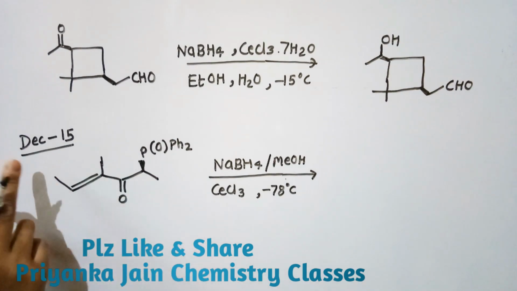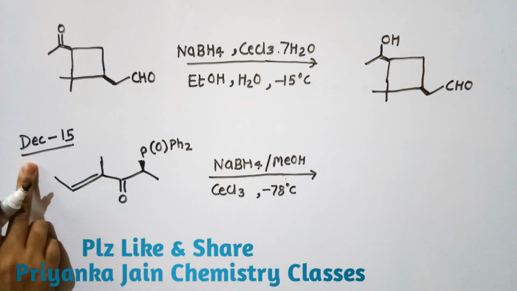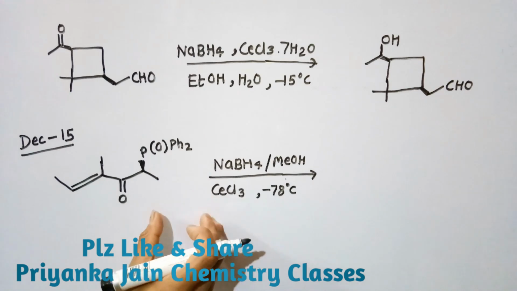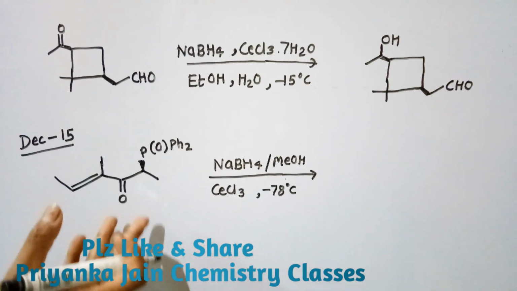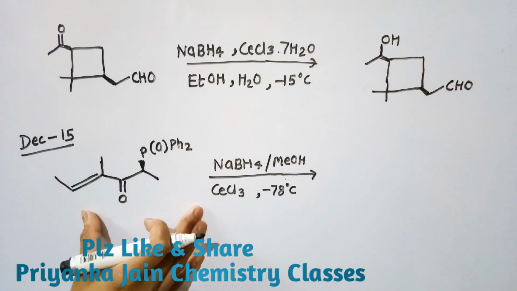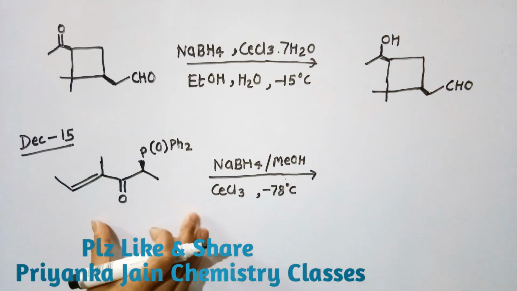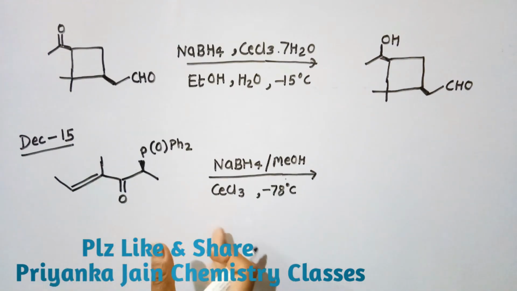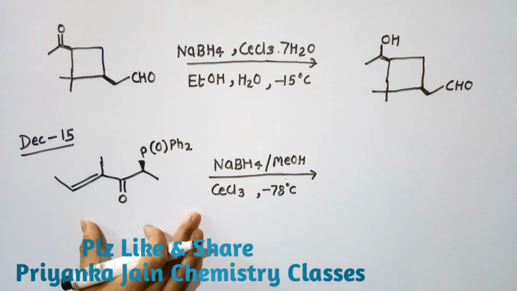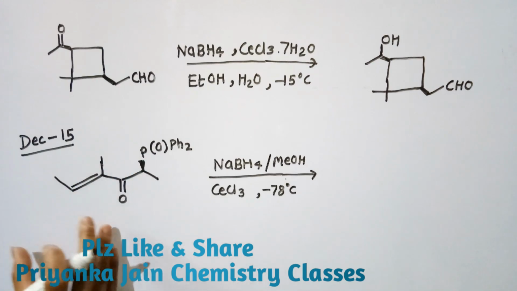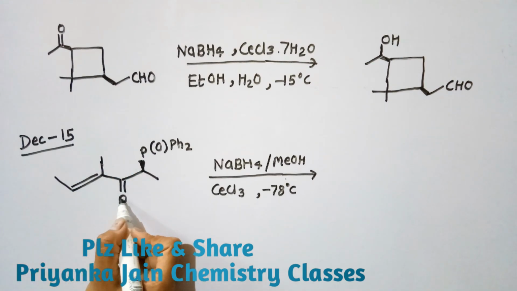Similarly, in this case, this example I have taken from the CSIR NET December 2015 question paper. It is only a part of the reaction asked in the question, because I have already told you that in this type of paper, the questions are a combination of two or three reactions or reagents. So I have taken only one part. Now see here, this is our compound and this is the keto group.